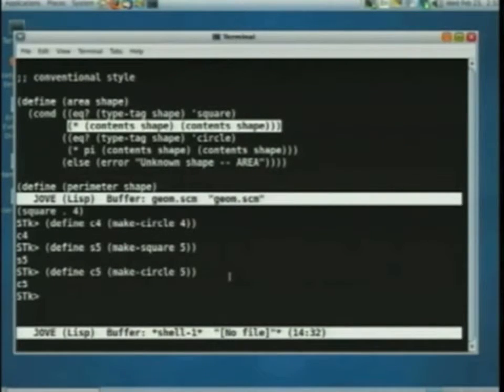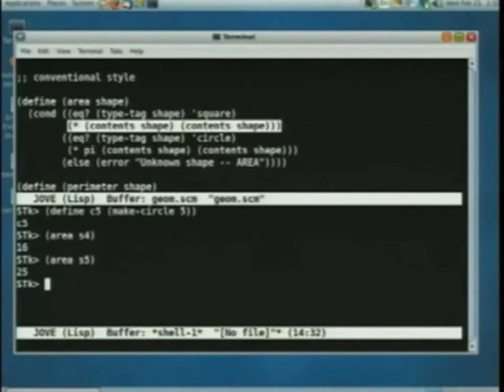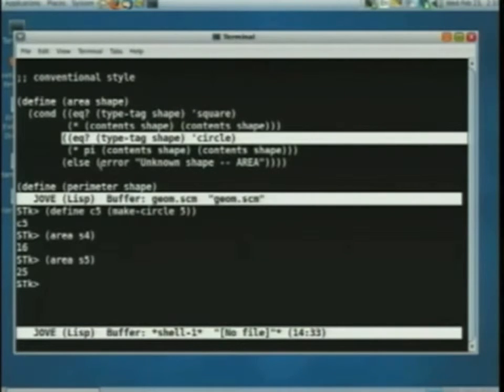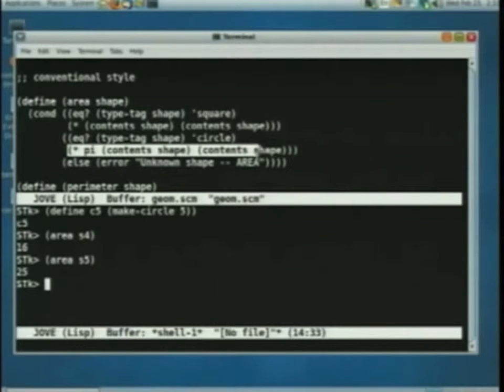So if I say down here, area of s4, I get 16. Area s5, I get 25. Right? The side of the square of the side of the figure. Okay, if not, then is this a circle? If so, the area is pi r squared.